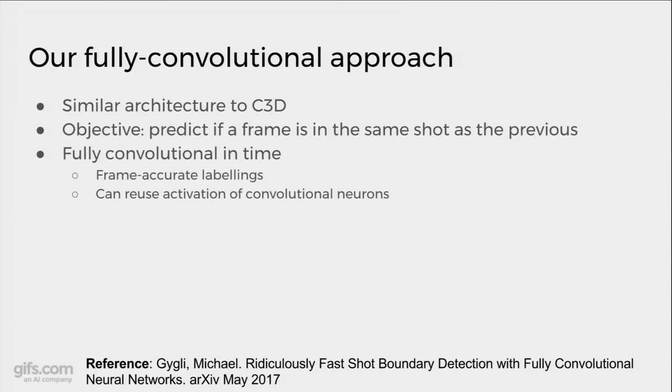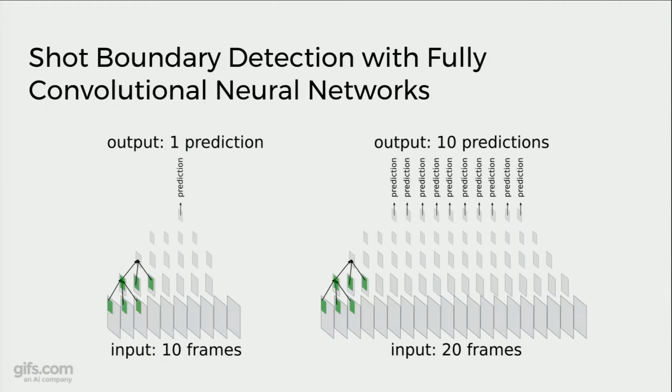A better approach is to use a fully convolutional architecture, fully convolutional in time. This allows us to be frame accurate in the labeling, and it allows us to reuse activations of convolutional neurons. And this is what I did in this recent work, also from last month. Basically the idea is, as I said, to be fully convolutional in time.